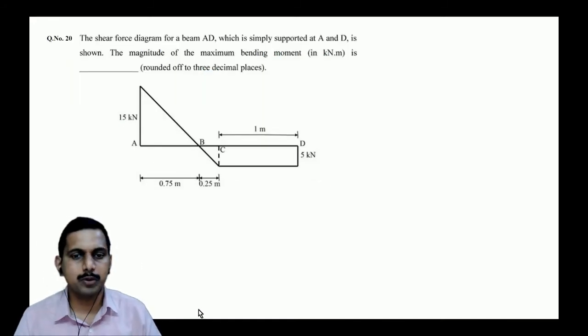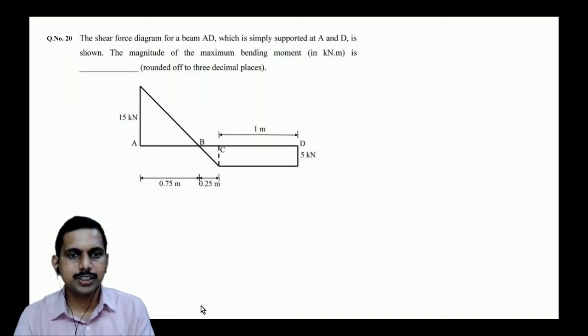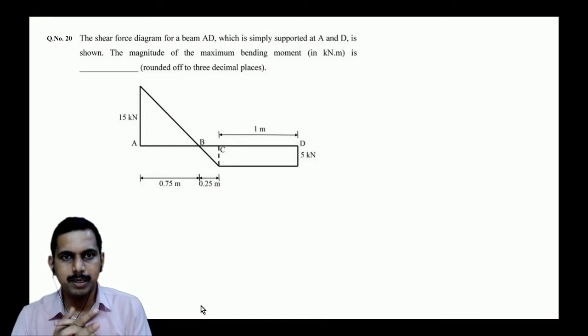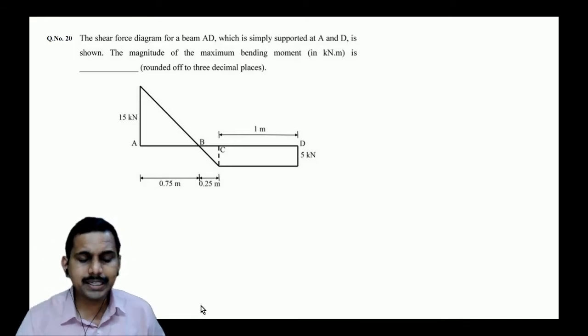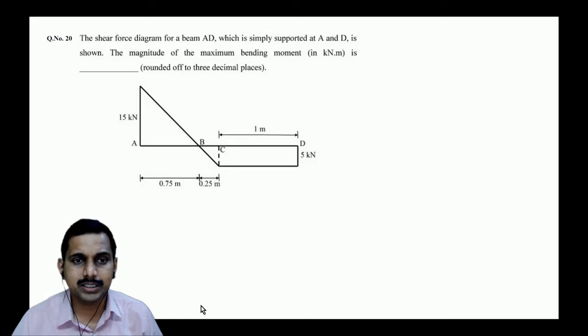Okay. Next, what about this? The shear force diagram for a beam AD, which is simply supported at A and D, is shown. The magnitude of the maximum bending moment is dash, rounded off to 3 decimal places.